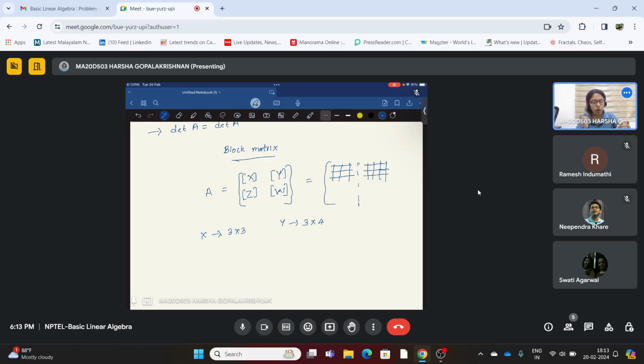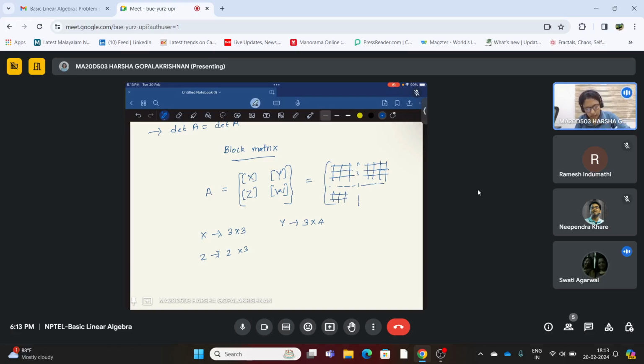For Z, how many columns should there be? It should be 3, because it is just below X and we split after the third column. Z has 3 columns, and its rows can be anything, maybe 5 or 2. Here we have 2 rows and 3 columns.